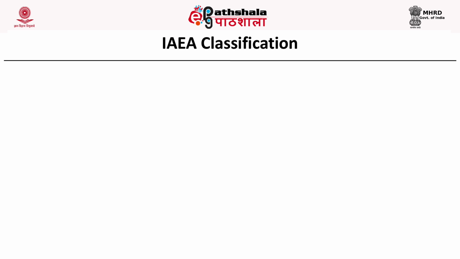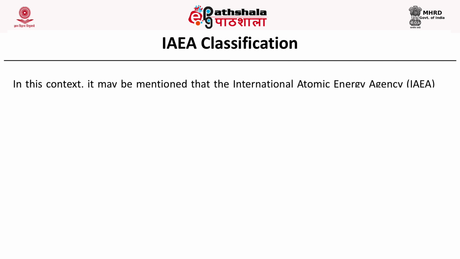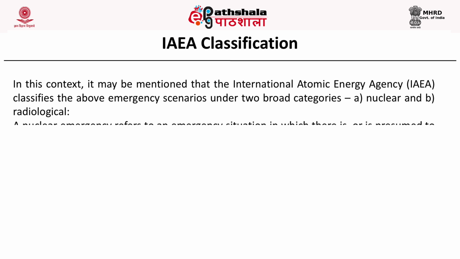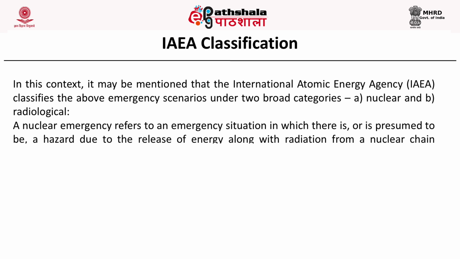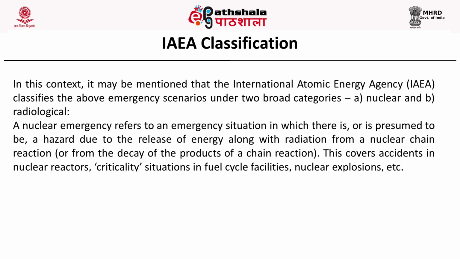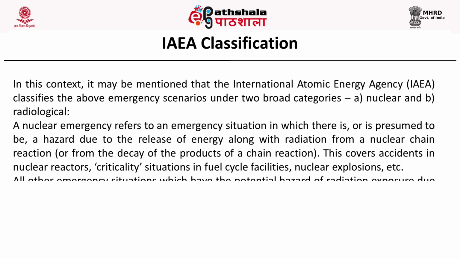So, a nuclear emergency refers to an emergency situation in which there is or is presumed to be a hazard due to the release of energy along with radiation from a nuclear chain reaction or from the decay of the products of a chain reaction. This covers accidents in nuclear reactors, criticality situations in fuel cycle facilities, nuclear explosions and so on.